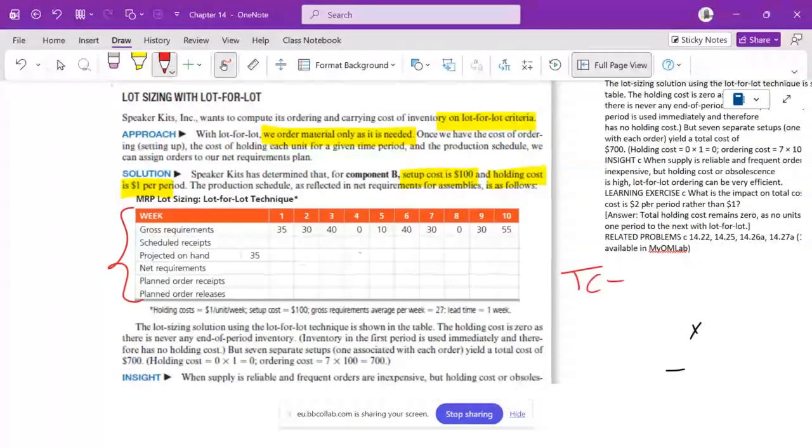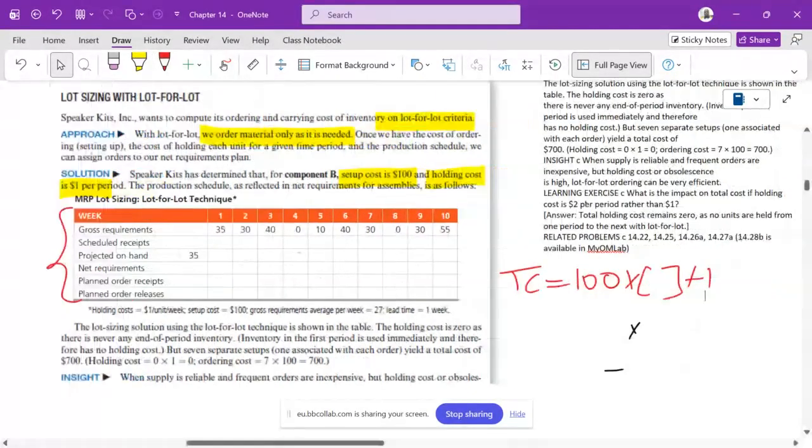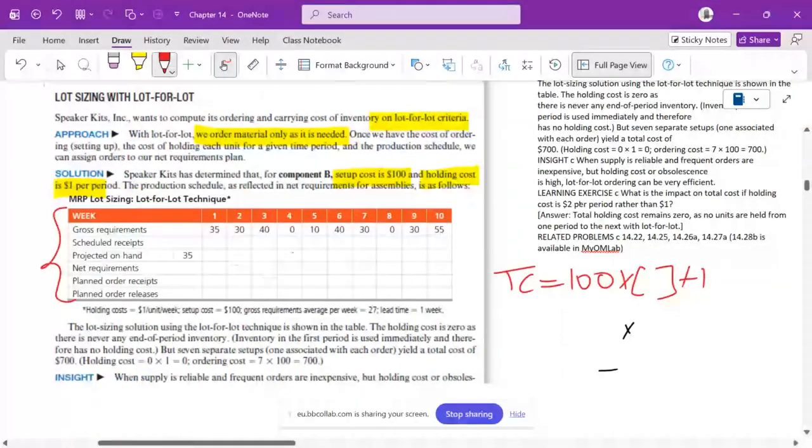TC is equal to $100, which is the setup cost, multiplied by a certain item. How many times did you need to set up? Plus holding cost, which is $1, multiplied by the quantity that you have stored over a certain period.